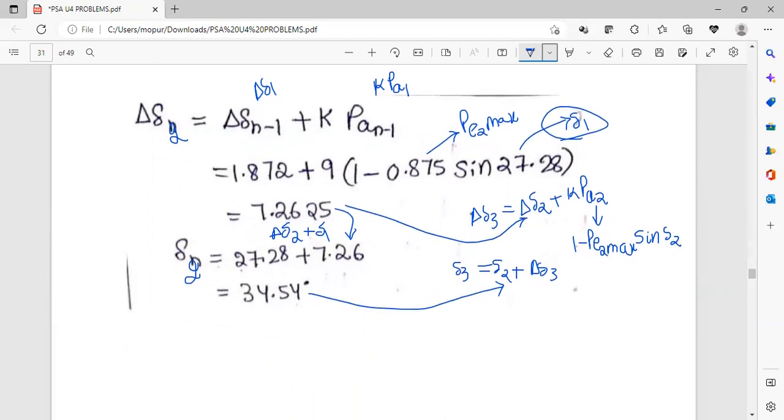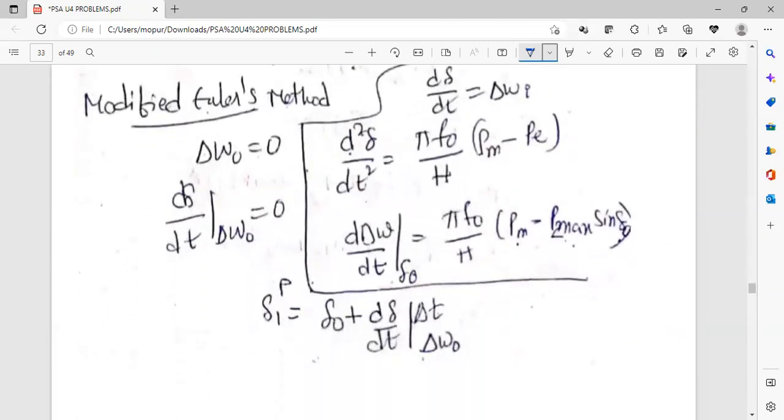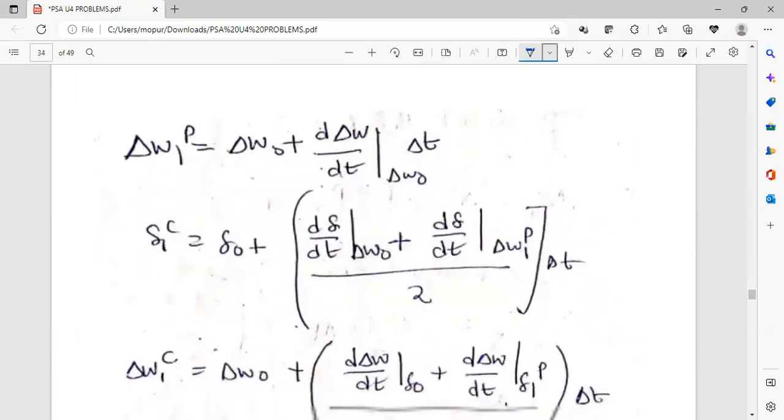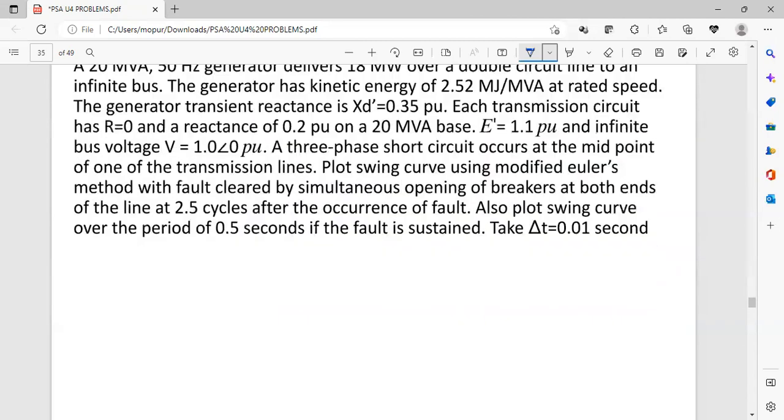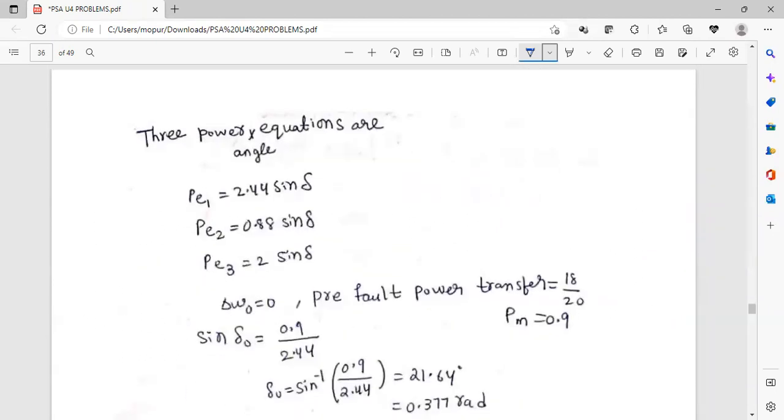Now let us move on to the next type of problem, the modified Euler method. In the modified Euler method also, you can directly go to problems. We will understand it. You find out the value of these three equations.